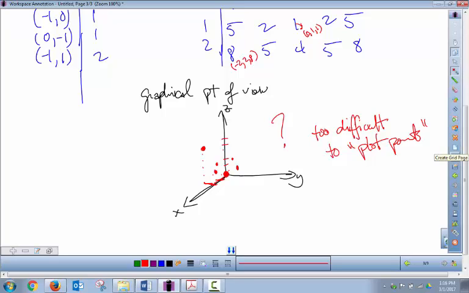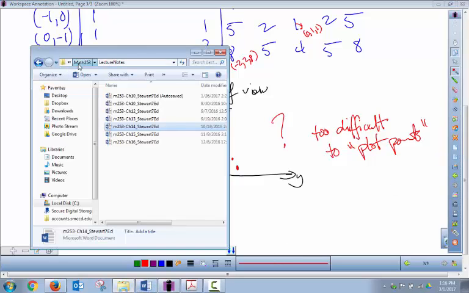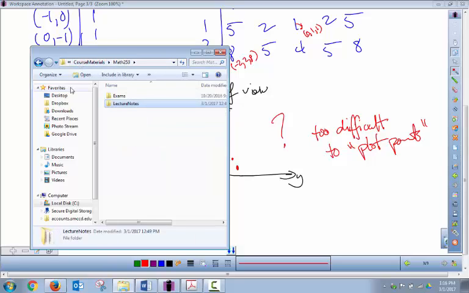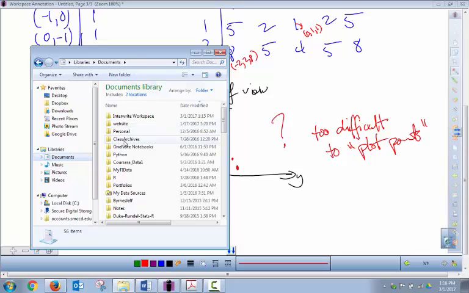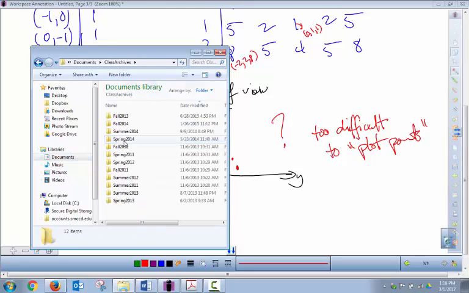If you could plot points, let's see if I have a plotter. A point plotter. A plotter of points. A point plotting program. A plot points machine.